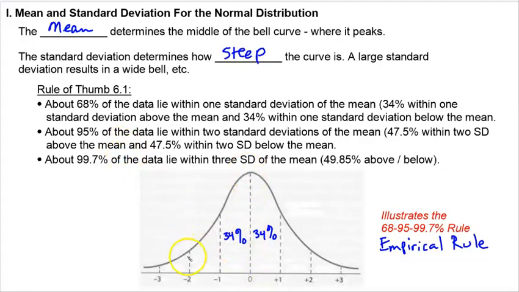And then broadening out to two standard deviations, we would include 95% of the data. If you think about it, 95 minus 68 is 27. So we're going to take that 27 and divide it up, and we'll put 13.5% on the left below the mean, and then 13.5% on the upper side. So right in there we have 95% of all of our data that's been collected falling within two complete standard deviations of the mean.